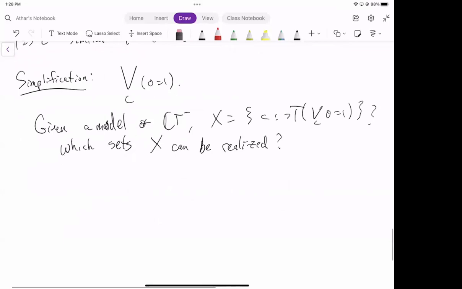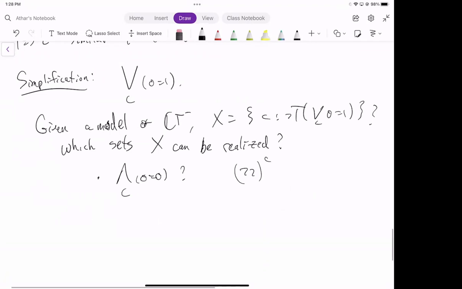So the results that we get can apply to similar questions about conjunctive correctness, or conjunctions of 0 = 1, or double negations of some length, where the double negation of length C is the negation of length 2C of some formula.